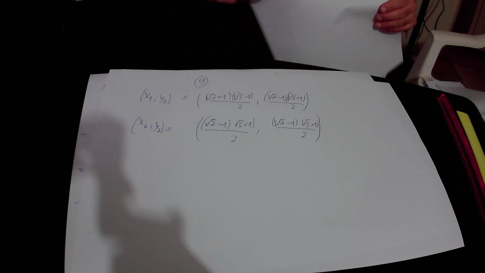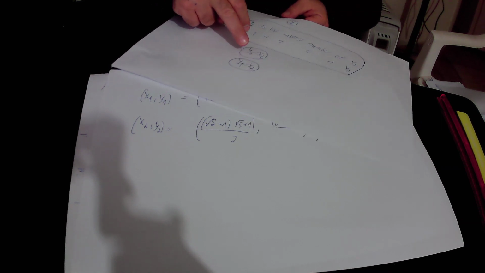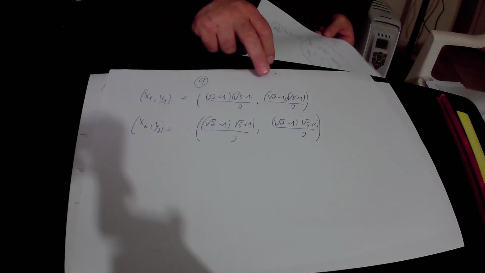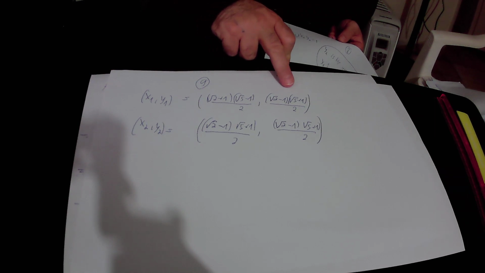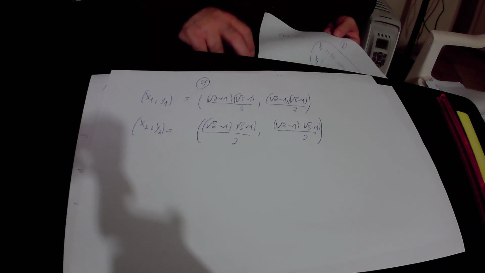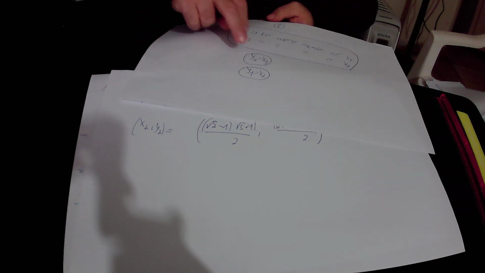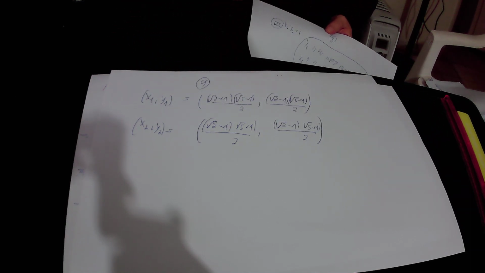And we have already found out that y1 equals x2. So this expression, square root of 2 minus 1 times square root of 5 plus 1 over 2, is actually x2. And because x2 equals y1, it is actually y1 also.